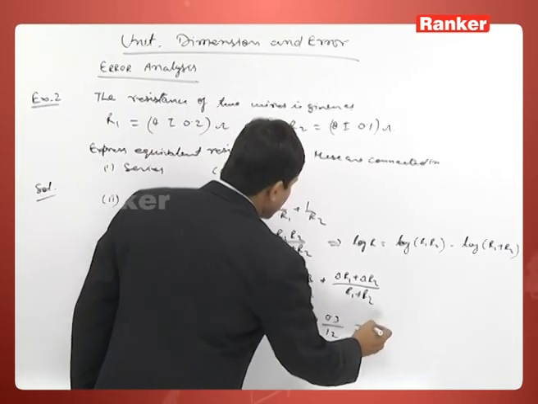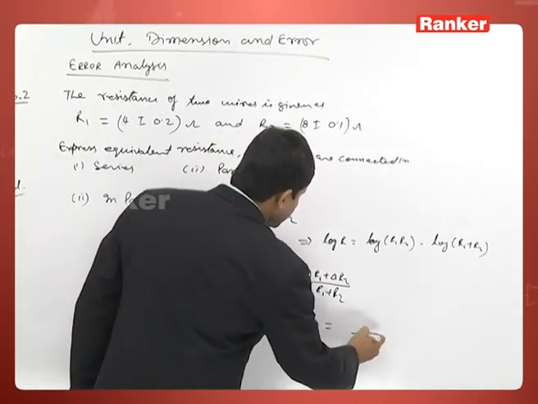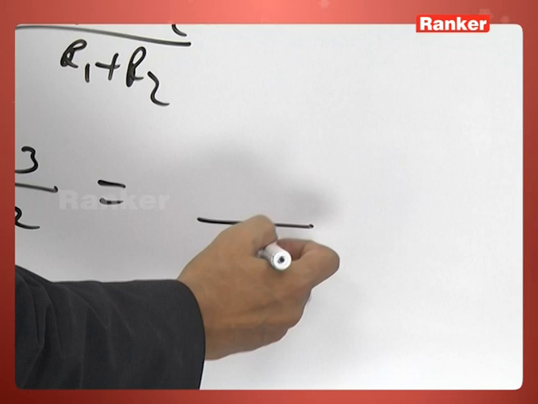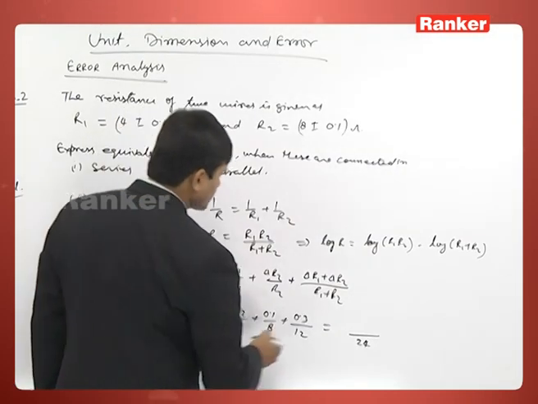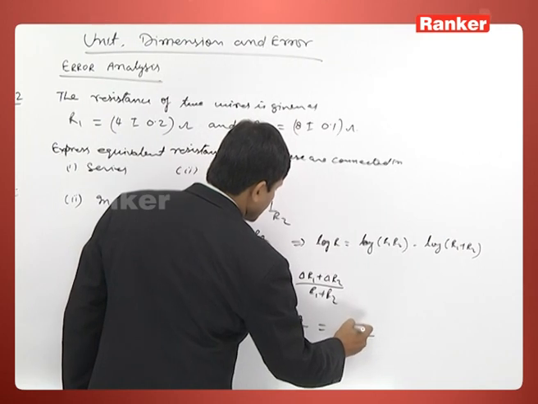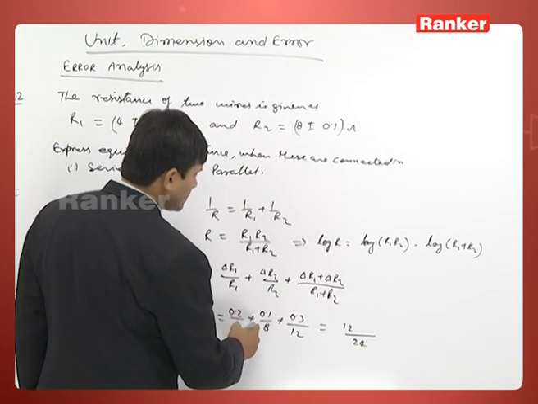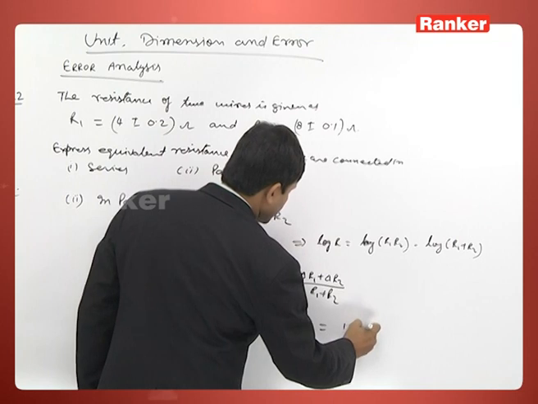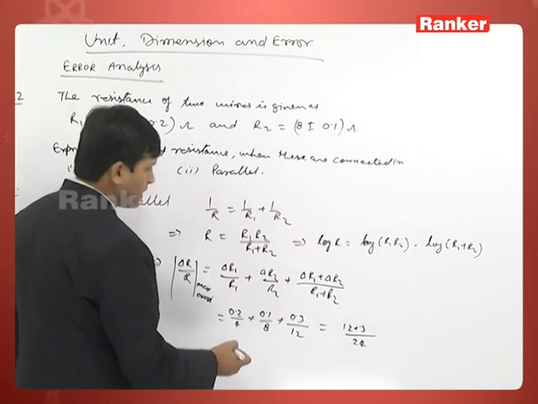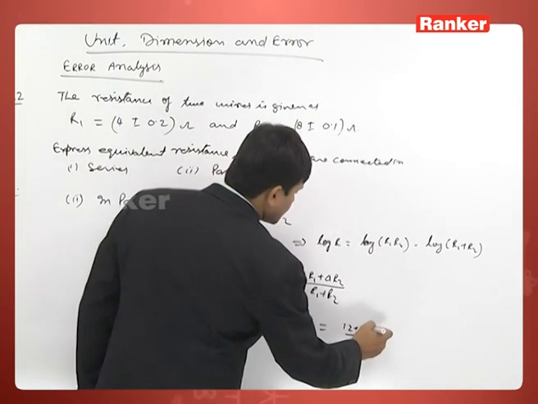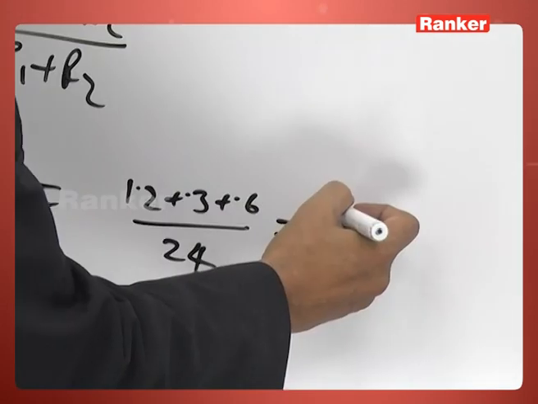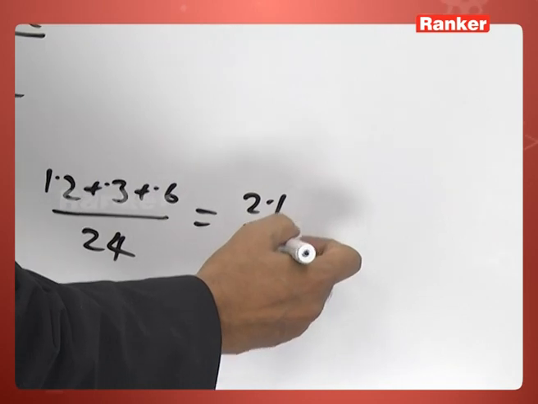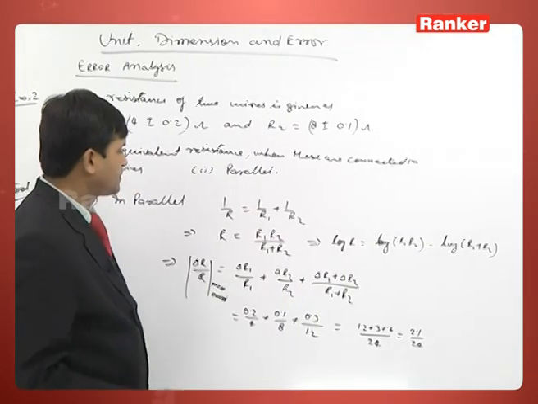So this is equal to, take the LCM here, let's say 24, 6 into 0.2, 1.2, 0.3 and then 0.6. So this will be 2.1 by 24.